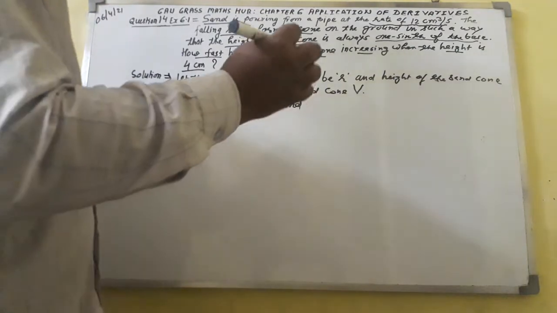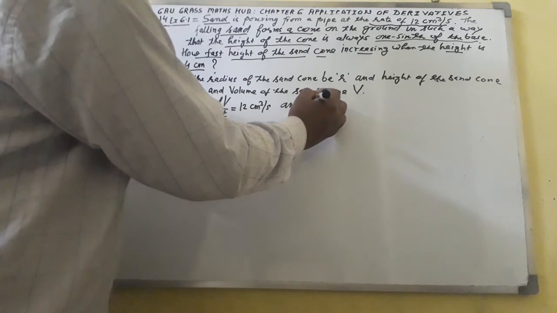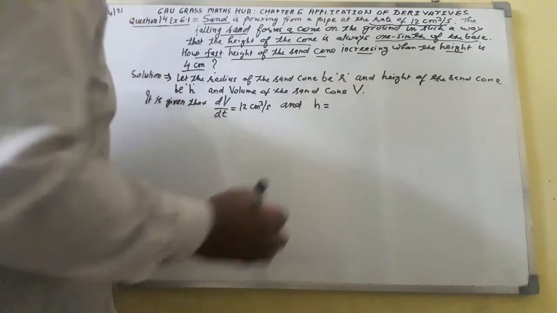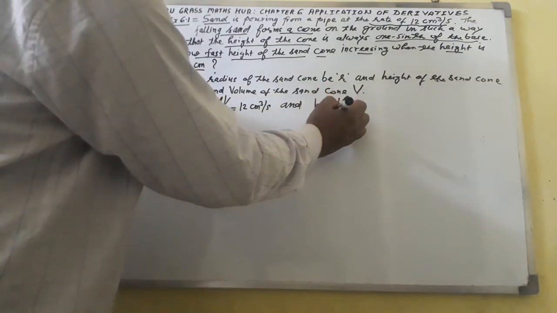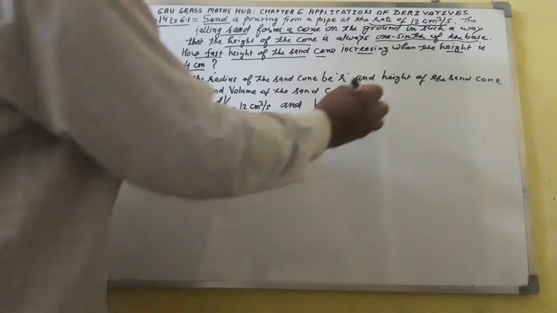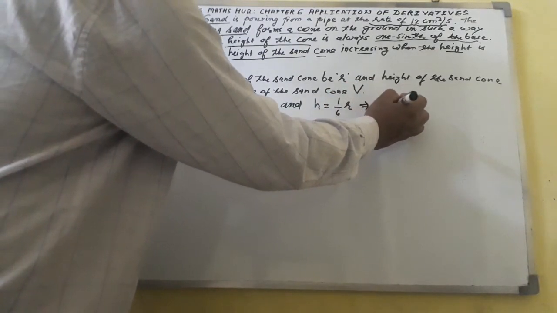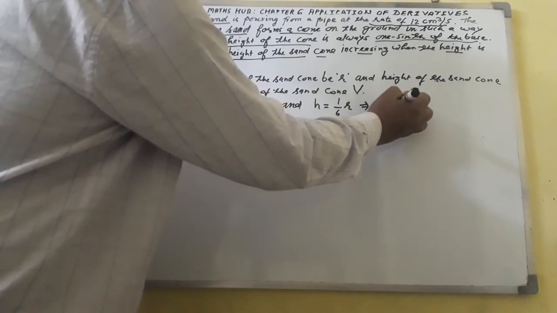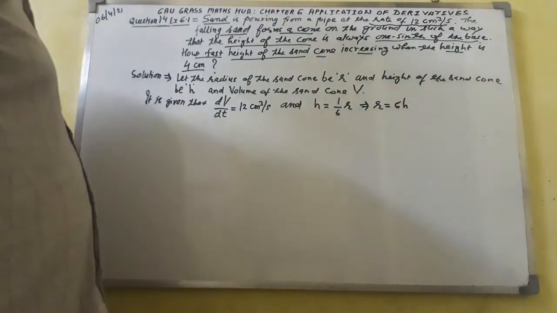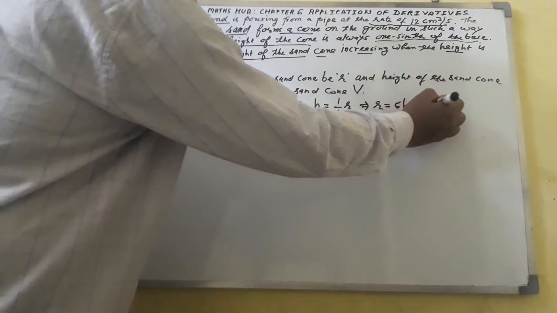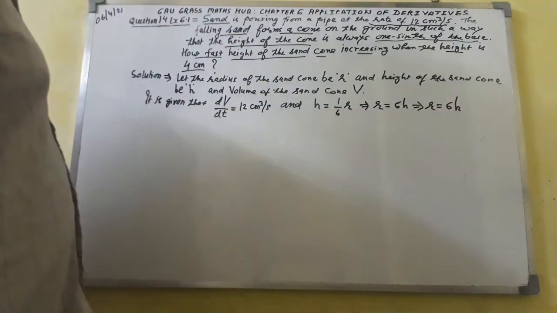So h is equal to one-sixth of radius. So here we have got r is equal to 6h.